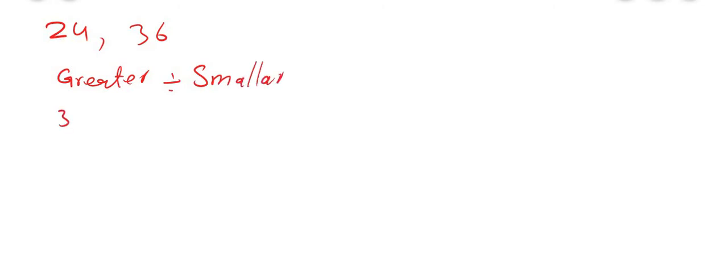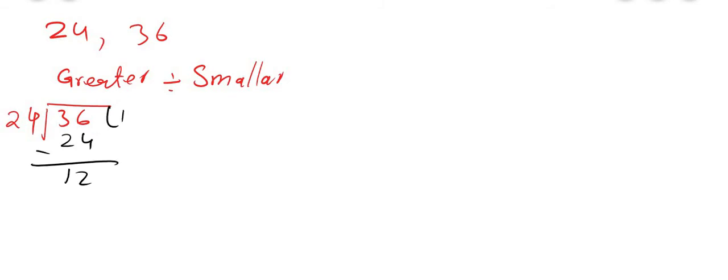So 36 is the greater, so 36 divided by 24. The quotient is 1, 1 times 24 is 24, 36 minus 24 is 12. But we still don't have 0, so we should divide until we get 0 here. So make the smaller number the divisor.